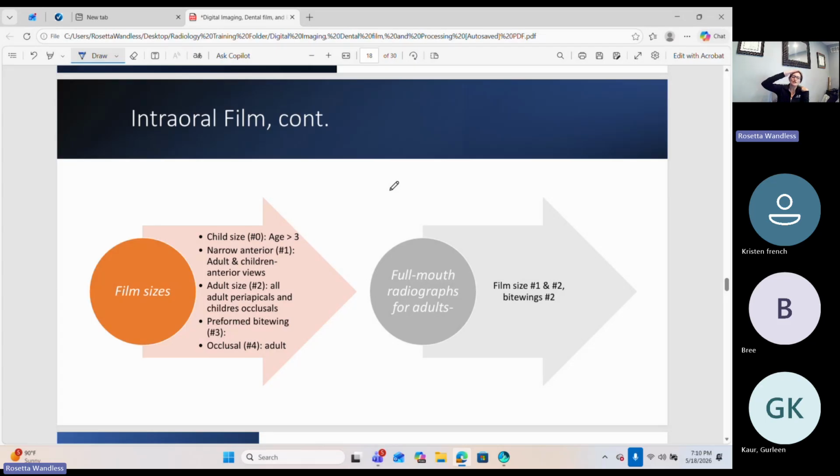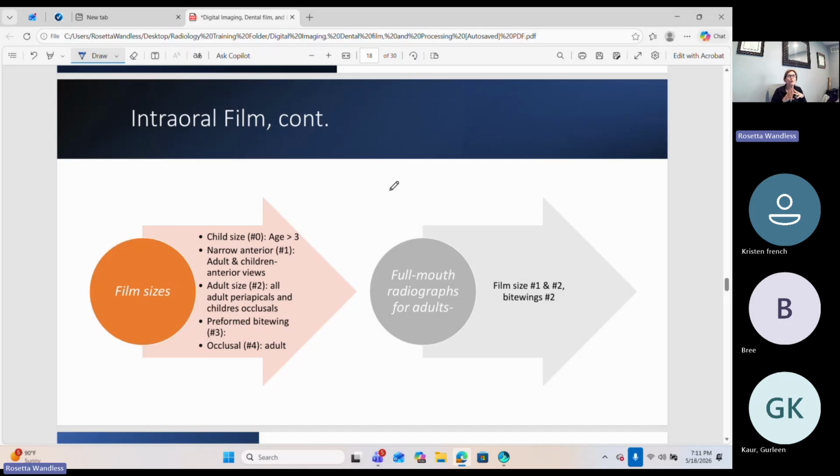You're either going to get your top jaw or your lower jaw. And for an adult, number 4 looks like a big playing card, like a big Uno card, or an ace of diamonds. So it's big like that. You put it in someone's mouth, you take the x-ray, and it will give you 1 arch.